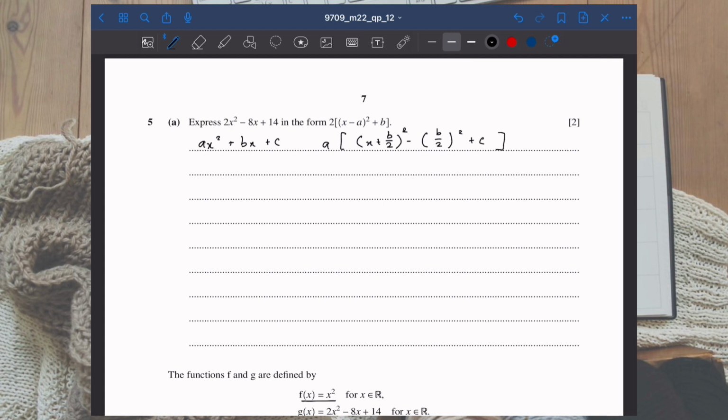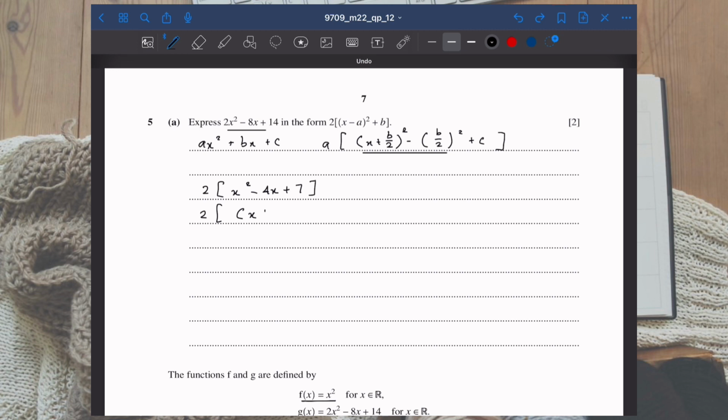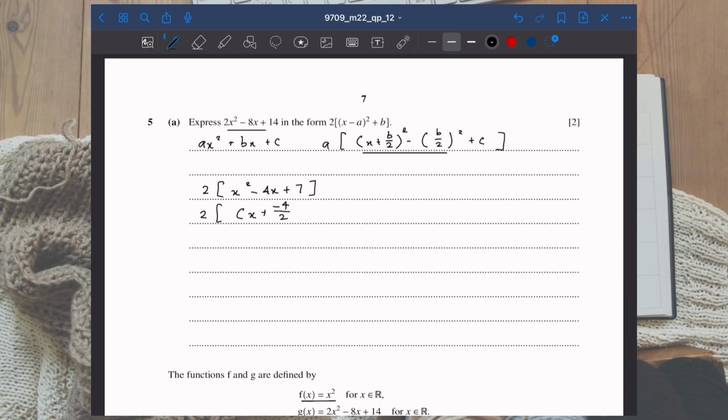So we need to first factorize out our a. So factorizing out 2 from this expression will give us 2(x squared minus 4x plus 7). So next we need to transform our expression into this form. So our b is negative 4. So (x plus negative 4 over 2) squared minus (negative 4 over 2) squared plus 7.